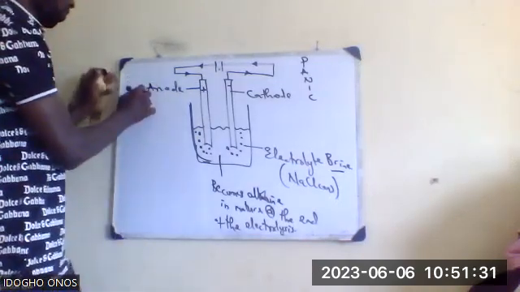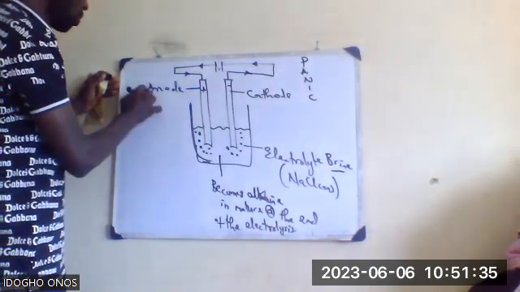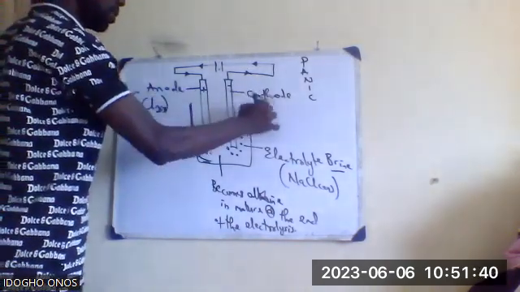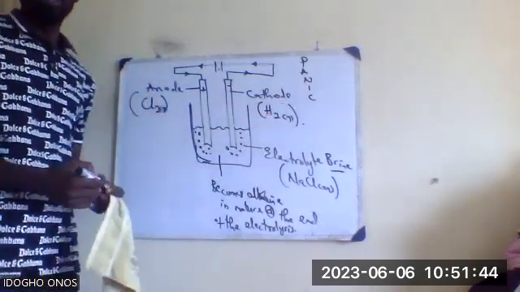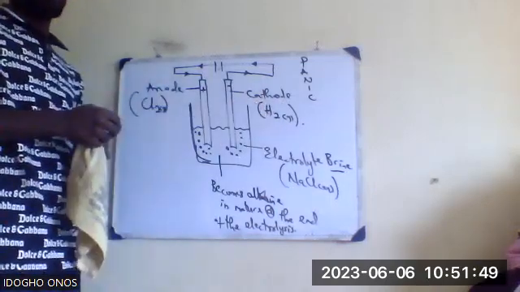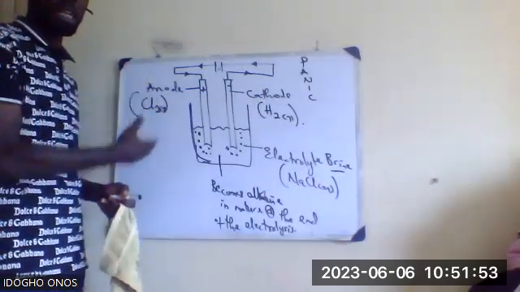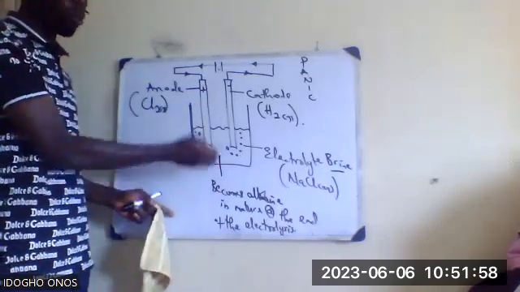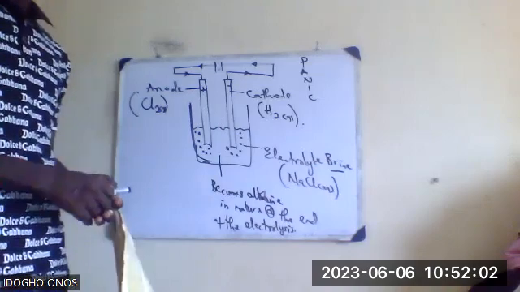So here we can put in brackets, at the anode, chlorine gas, and here, hydrogen gas. So let the students know what the product at the anode and the cathode is during the electrolysis of brine. That is what they should know. Let them also know how to write the equation at the cathode and at the anode, and also what the concentration of the electrolyte becomes at the end of the electrolysis.